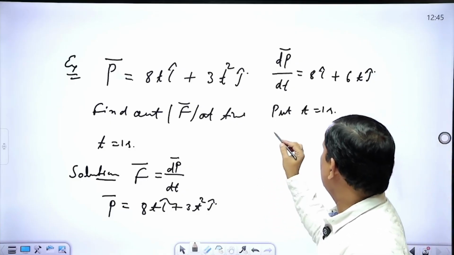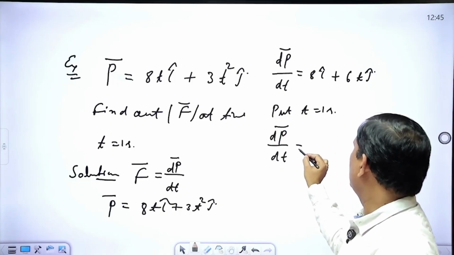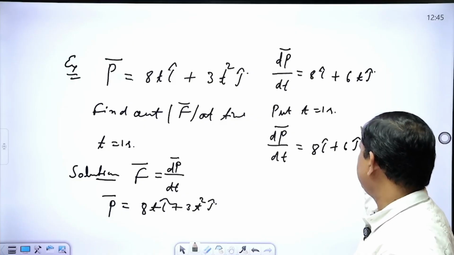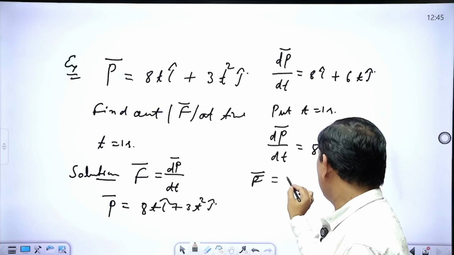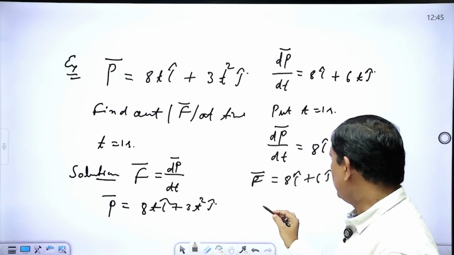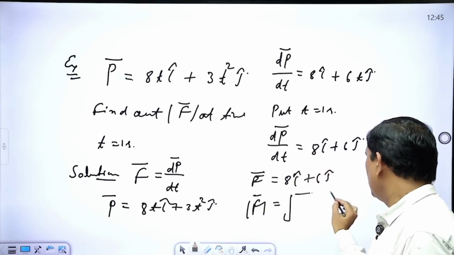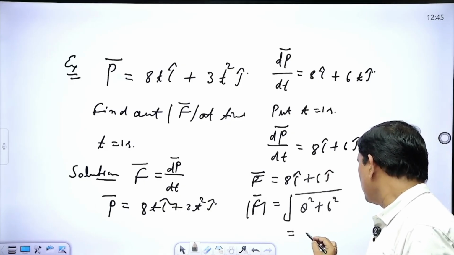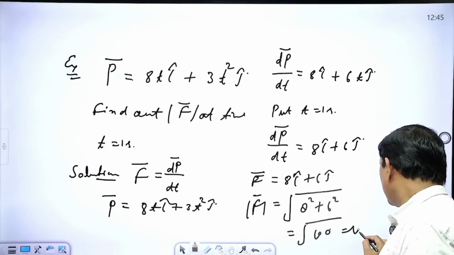Now put t equals 1 second. Then dp vector upon dt equals 8 i cap plus 6 j cap. We can write F vector equals 8 i cap plus 6 j cap. Hence the magnitude of this vector is the square root of 8 squared plus 6 squared, equals square root of 100, equals 10 Newton.